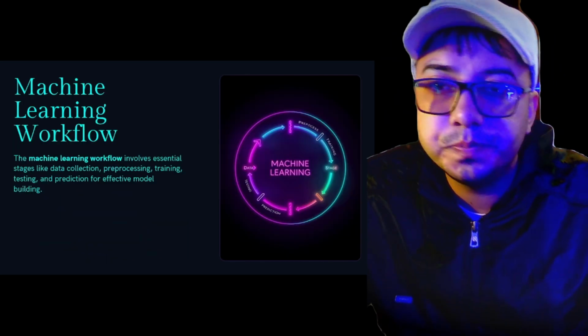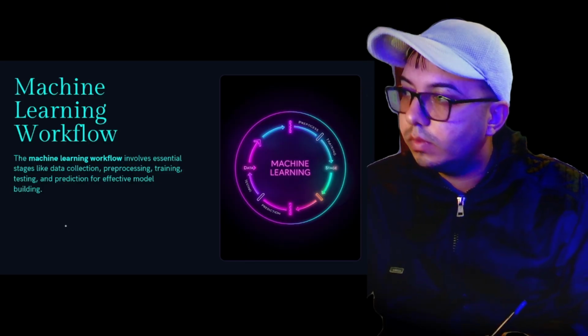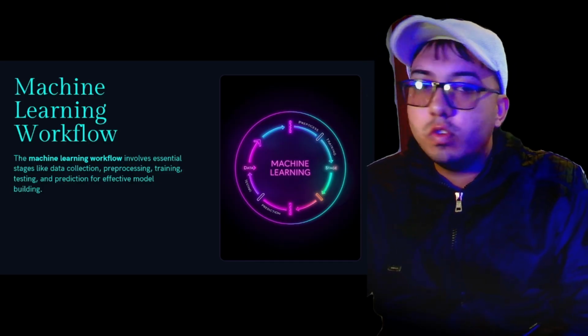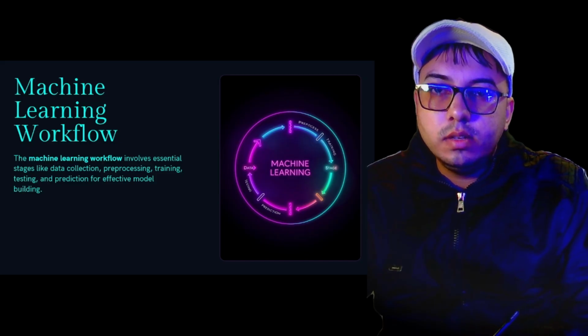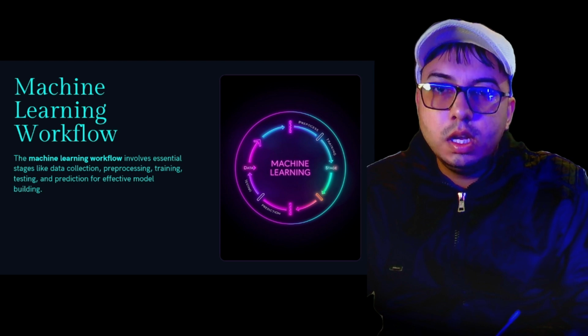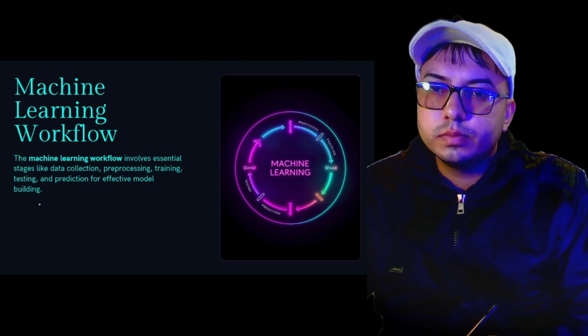All right, so now the machine learning workflow. The machine learning workflow involves essential steps like data collection, pre-processing, training, testing, and prediction, for effective learning. All right, so let's see.